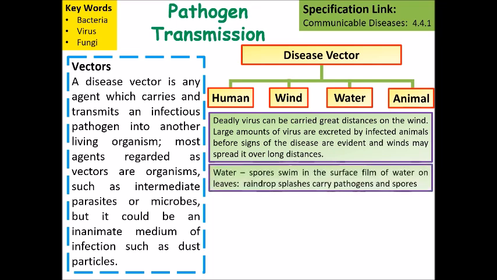Water: spores of bacteria or fungus or any sort of pathogen can collect on the surface film of the water. That can therefore be passed from organism to organism, either when an organism drinks the water or if that contaminated water is splashed onto it.